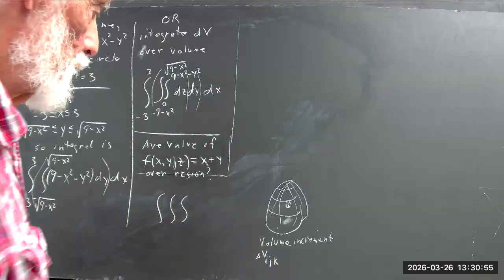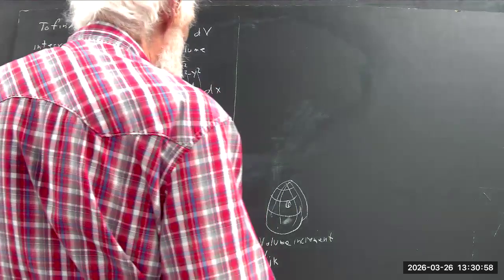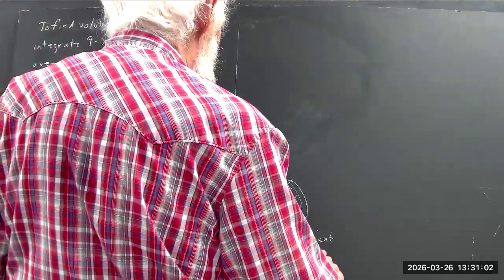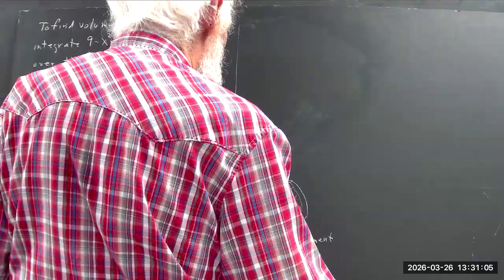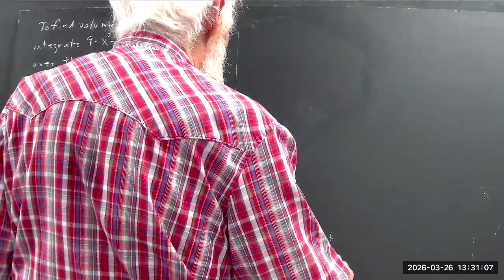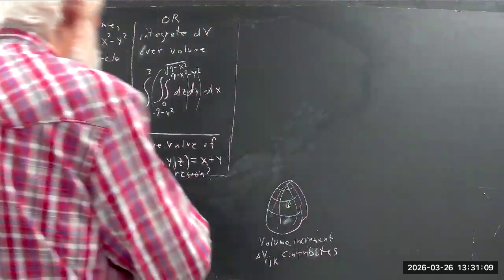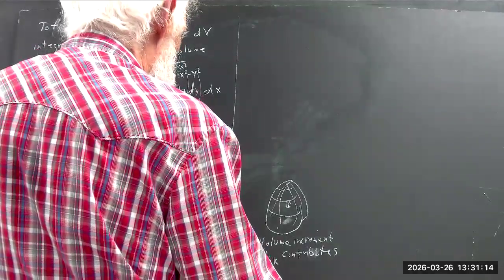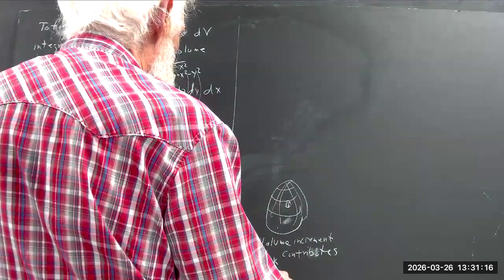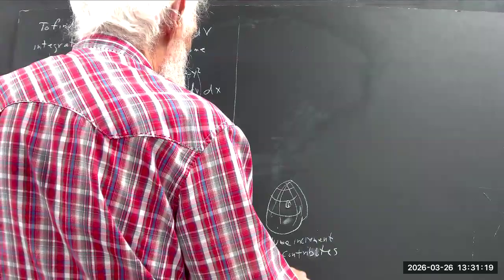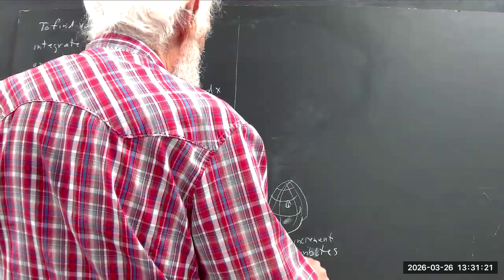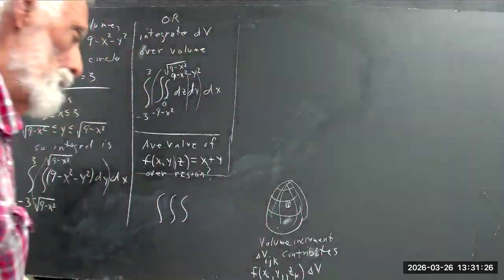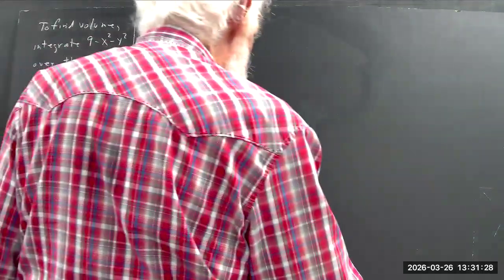So you have delta V IJK. Into the integral of f of x, y, z over the region, this increment contributes f of x sub i, y sub j, z sub k, delta V IJK.